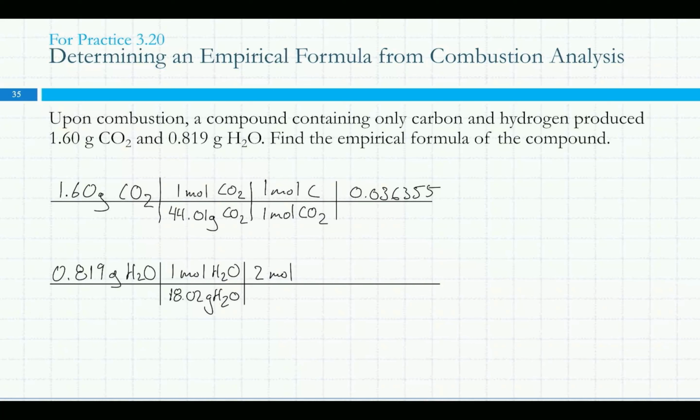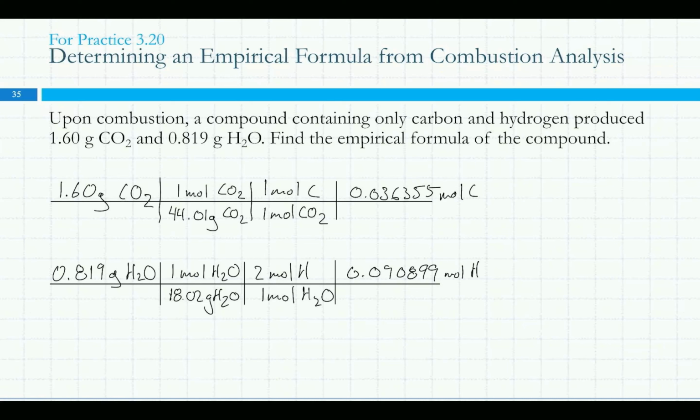So we'll get 2 moles of hydrogen for every 1 mole of H2O. So 0.819 divided by 18.02 times 2 gives 0.090899. I'm sorry, this is moles of carbon, moles of hydrogen.